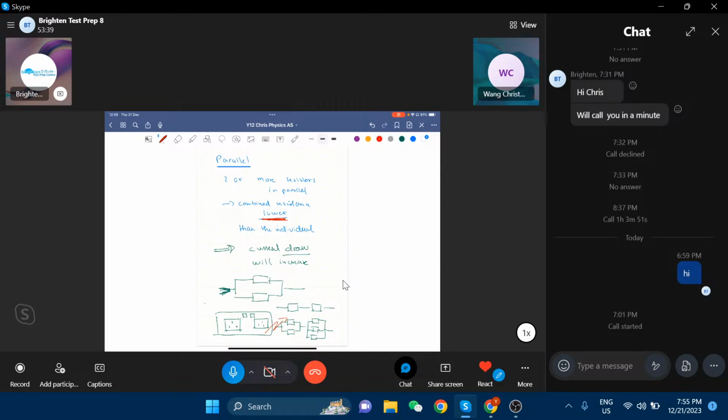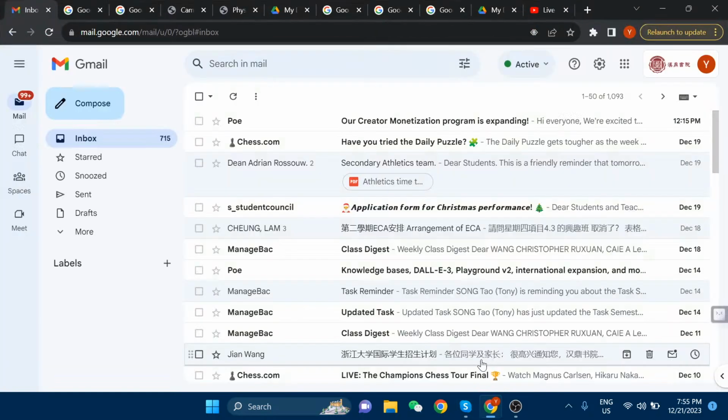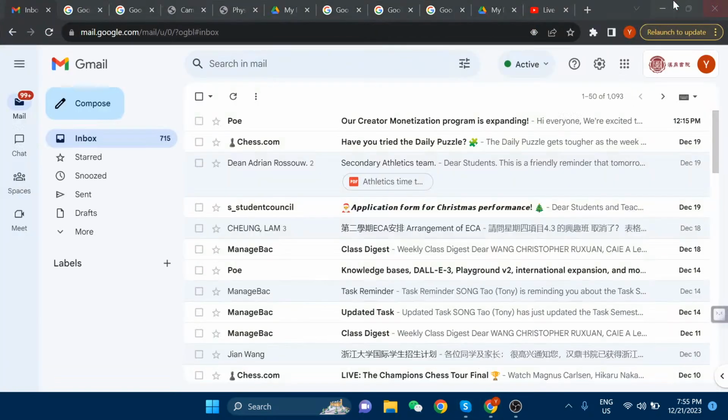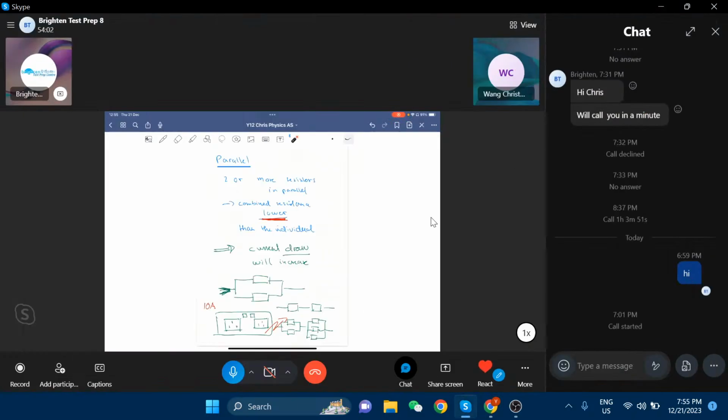Behind this one maybe a 10 amp fuse, maybe behind this socket, so to speak, or maybe it's in series with other sockets as well, or maybe even parallel, that depends on how the electrician made it. So if there are now two such sockets in the same room, but they are put into parallel, then of course the 10 amp fuse serves 5 amps in this one and another 5 amps in the other one, in theory at least.